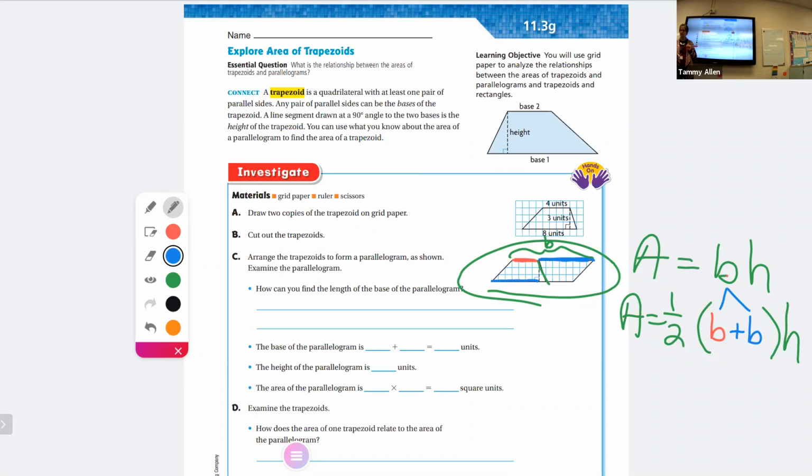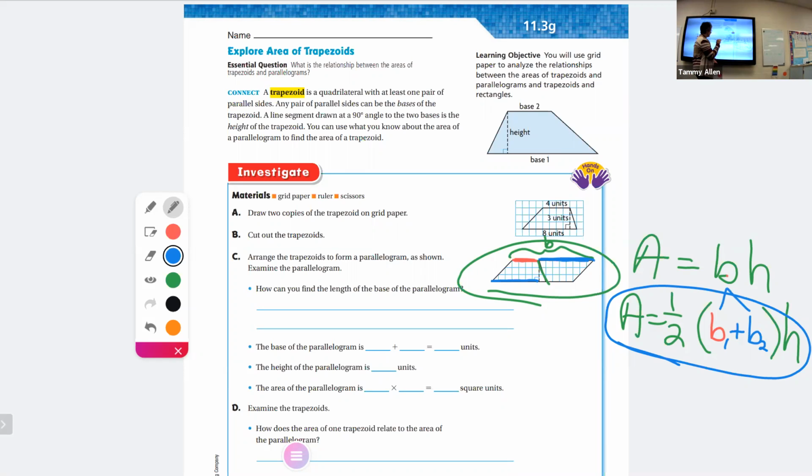Questions on that? So we call that base 1 and base 2 because they're not the same measurement. And therein lies then the formula for the area of a trapezoid. So, when we look at a trapezoid then, we know its height is going to be perpendicular to the base.